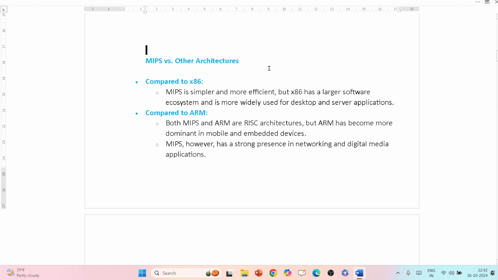MIPS versus other architectures. Compared to x86 processors, MIPS is similar and more efficient, but x86 has a larger software ecosystem and is more widely used for desktop and server applications.